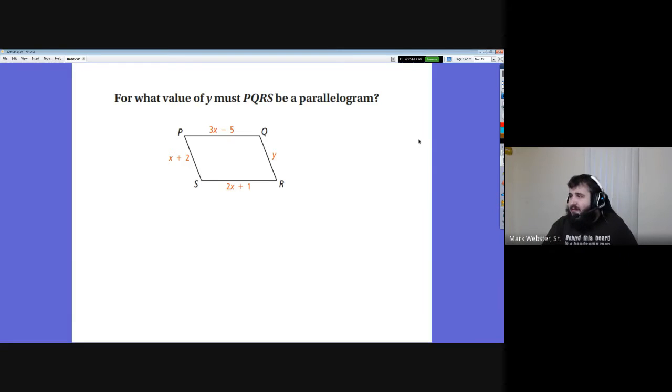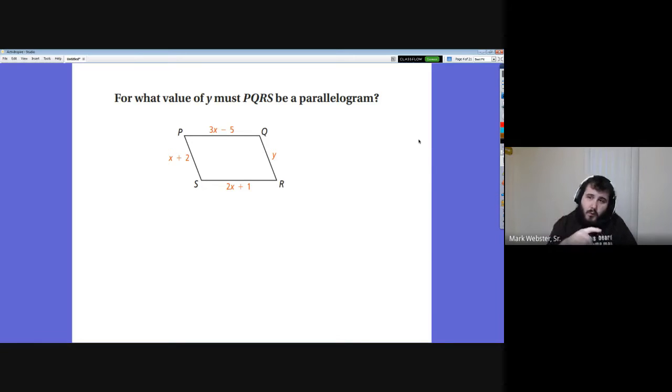They can say, hey, if this is a parallelogram, what is it? Versus, hey, what does this need to be to make it a parallelogram? Those two questions, with all the stuff we're talking about today, pretty much mean exactly the same thing, because these are definitions, right? And we talked about how definitions are biconditional.